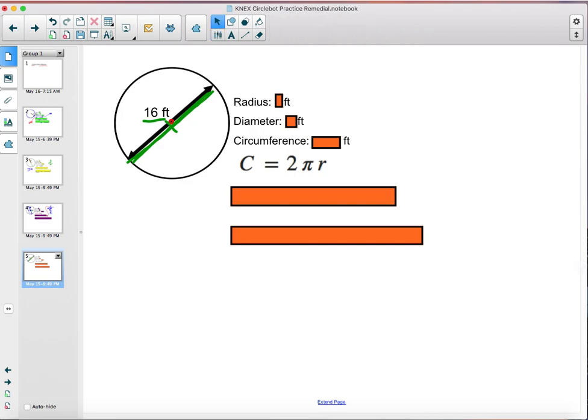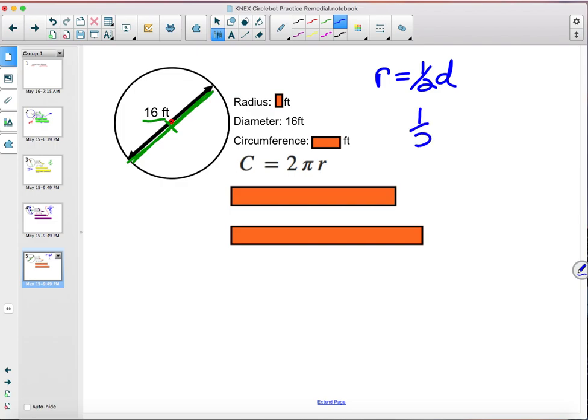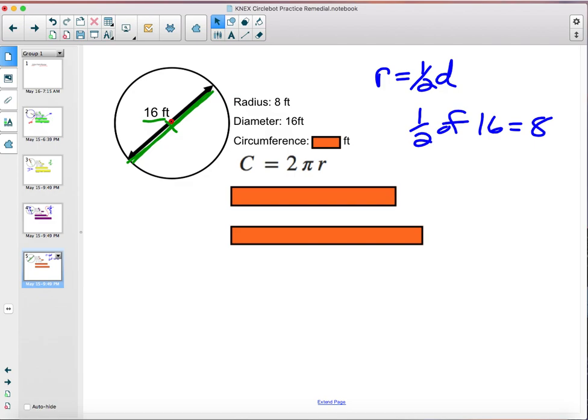So right away, our diameter is 16 feet. The radius is equal to 1/2 the diameter, so if you take 1/2 of 16, you will get 8. In this case, the radius is 8 feet.